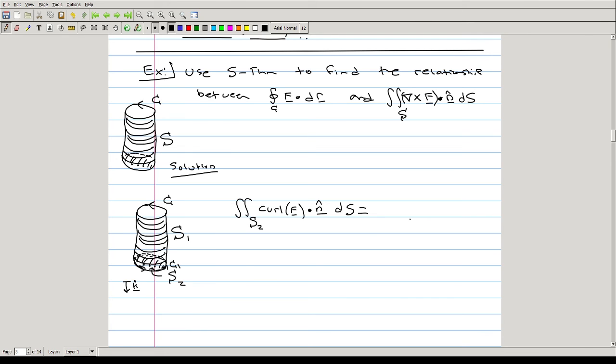This is pointing straight down. But this is going to be equal to, directly from our general Stokes theorem, the closed integral around C1 of the vector field F dotted with dr. So the circulation around C1.